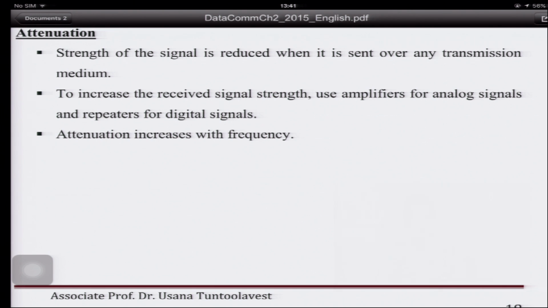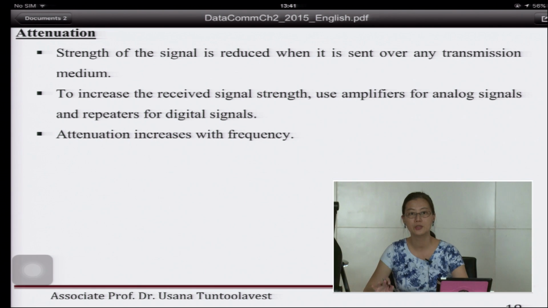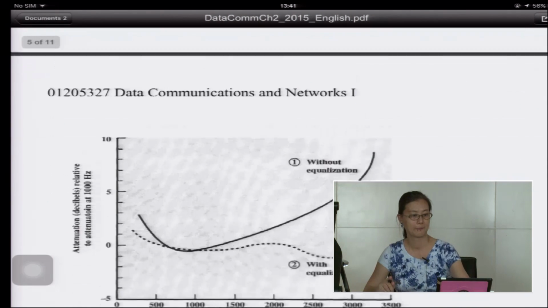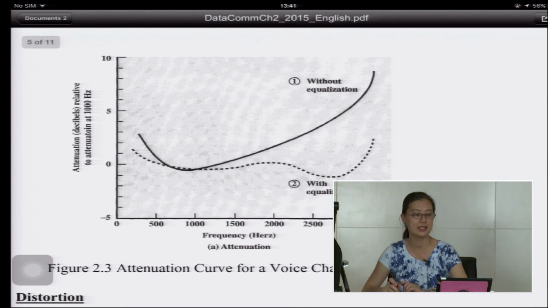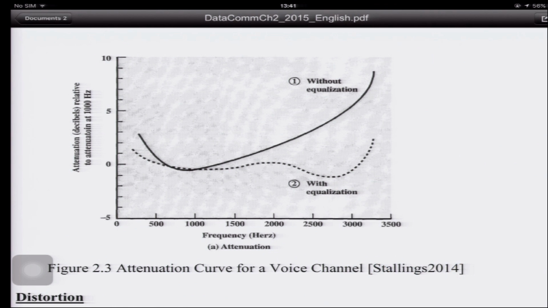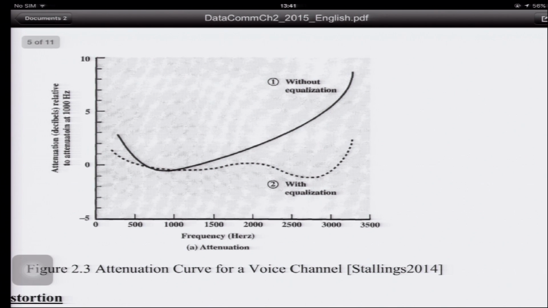Attenuation increases with frequency. So at higher frequency, you get higher attenuation. Different frequencies have different attenuation, and that is one of the problems. If you look at the attenuation curve for a voice channel, the x-axis is the frequency in hertz and the y-axis is the attenuation in decibels. Without equalization, the solid line, when the frequency increases, the attenuation value increases too.